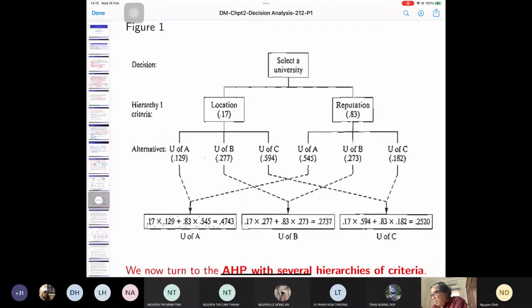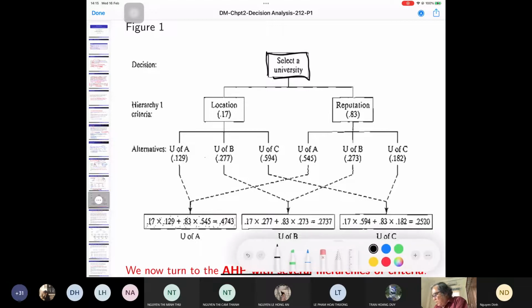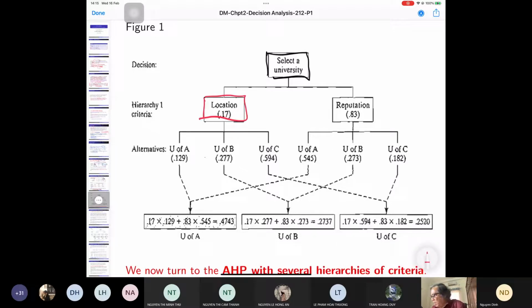The problem is here: select a university. There are two criteria. One is location, and another one is reputation. It is 17%, and it is 83%.